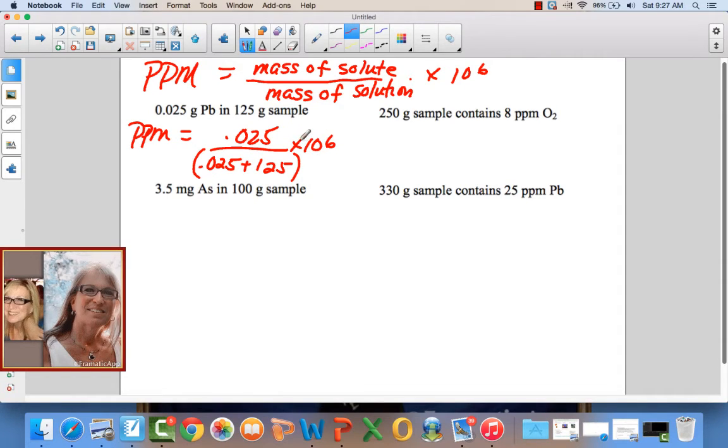And make sure that you're using parentheses. I'd hate to see you set up a problem and then get it wrong. So if you have to do it in multiple steps, that's fine. So I get 199.96, so this is about 200 ppm.